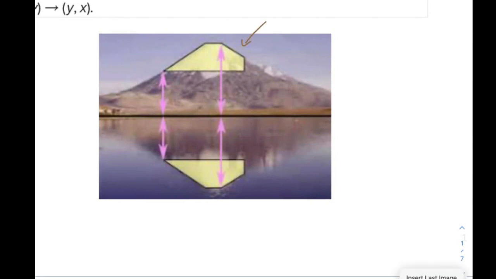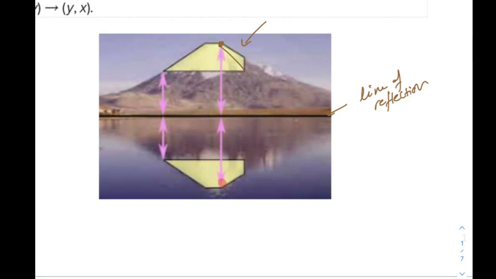How will this top look? If you take this point and this is the line of reflection, which is similar to a mirror, consider it a mirror. And when you reflect, you will find that the image will be here.